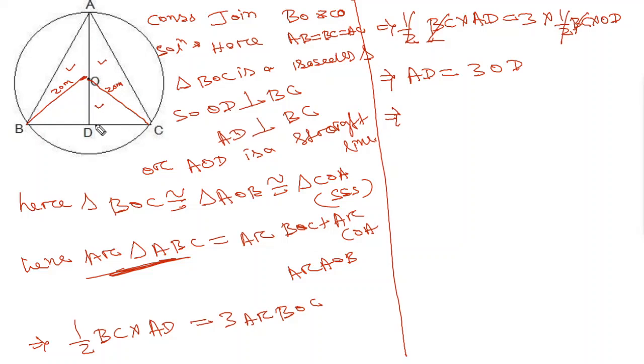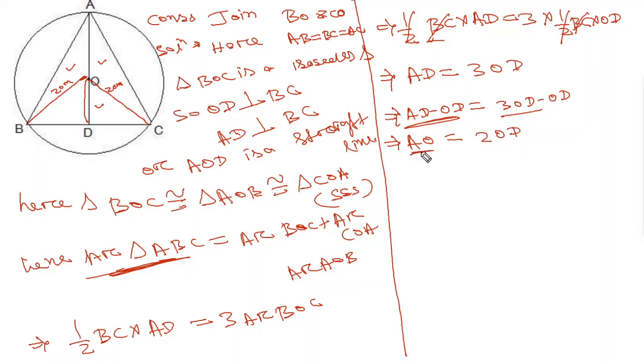Now you got AD equal to 3 OD. Look at the figure. AD length we don't know, but we know the length of AO, which is the radius. If you subtract OD from the whole AD, you will get AO. So AD minus OD equal to 3 OD minus OD. As we subtract OD from LHS, we also subtract OD from RHS. AD minus OD is your AO. So AO equal to 3 OD minus OD, it will be 2 OD.